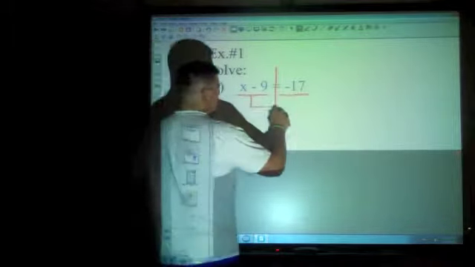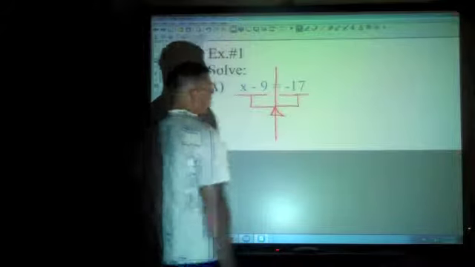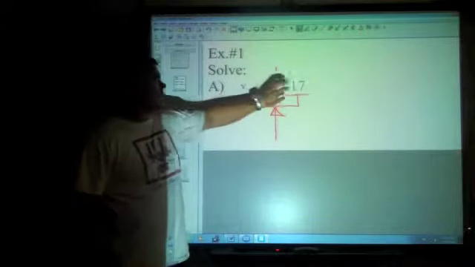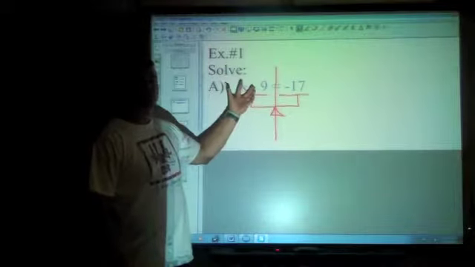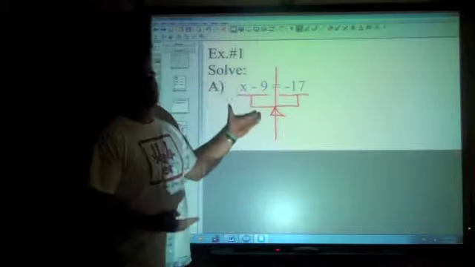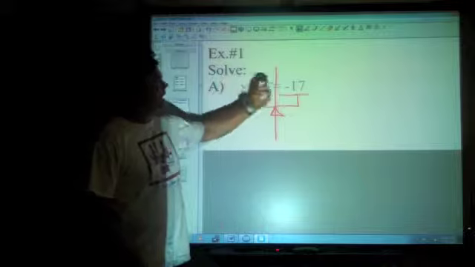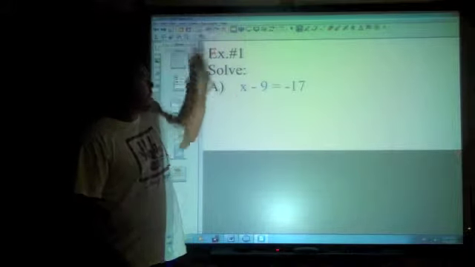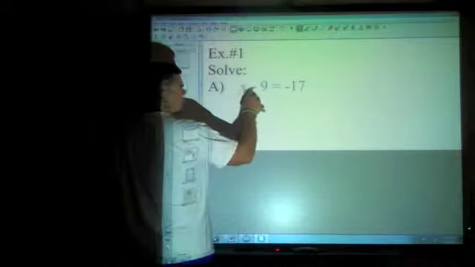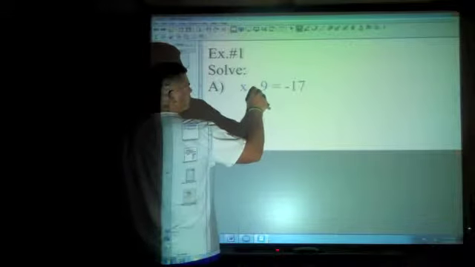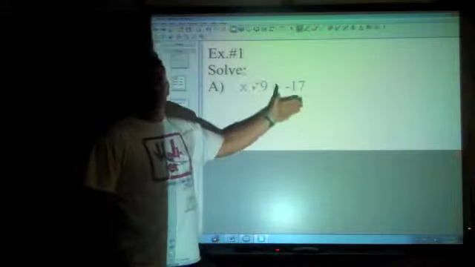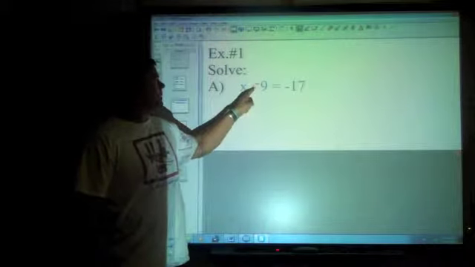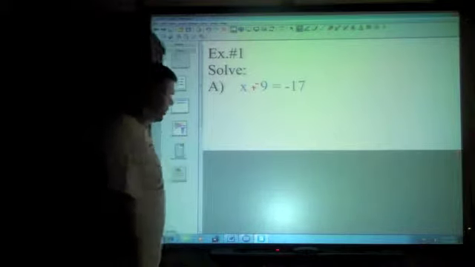Right now, the balance pans are perfectly balanced so that this side is equal to that side. If I take something away from this side, it's going to change the balance. So the only way I can be fair is whatever I do to one side, I must do to the other. So I'm going to change from minus 9 to plus negative 9. I have not done anything as far as the balancing is concerned. I've just changed from a subtraction problem into an addition problem.